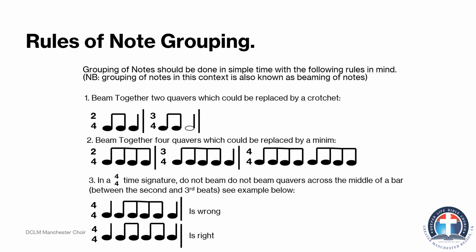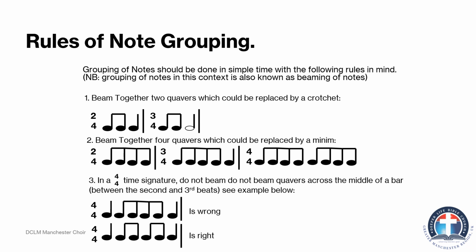That means in one bar you can have 1 minim beat, so you can beam all the 4 quavers together and you'll be fine. Different people have different perspectives on beaming in a 2/4 time signature, but what you should note is that you can beam the 4 together. Some may argue for you to beam 2 together and another 2 together, but the rule is you can beam 4 together.